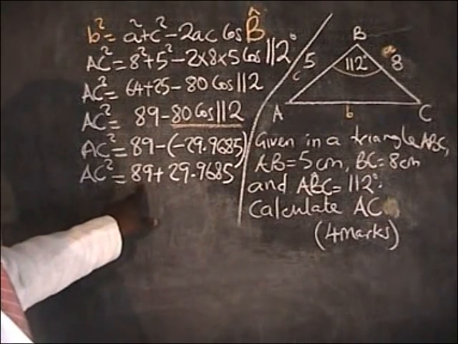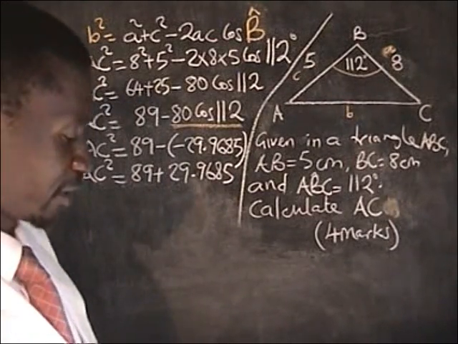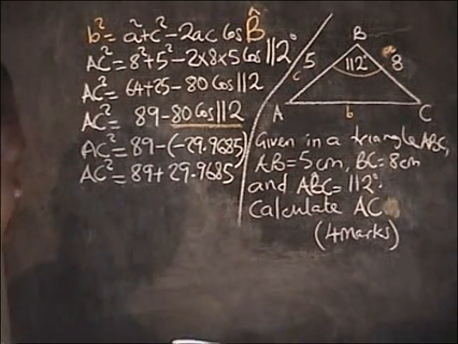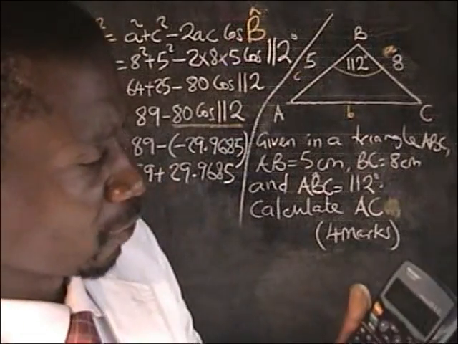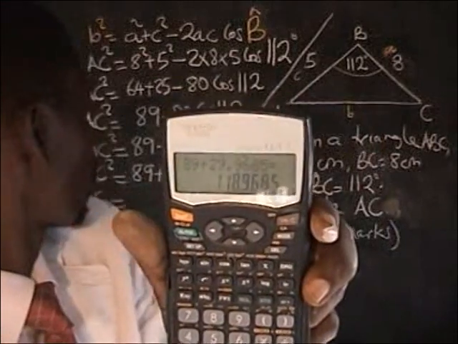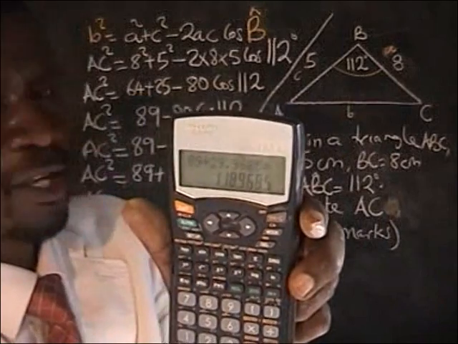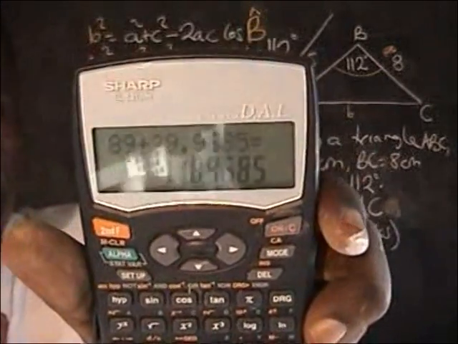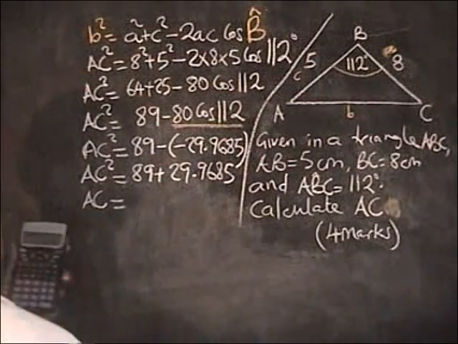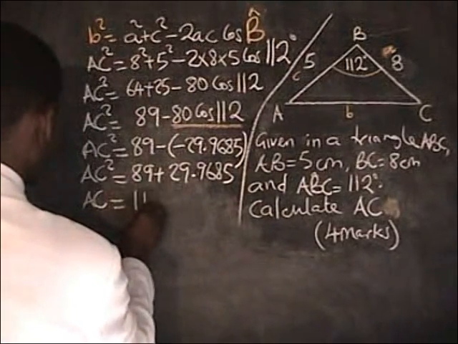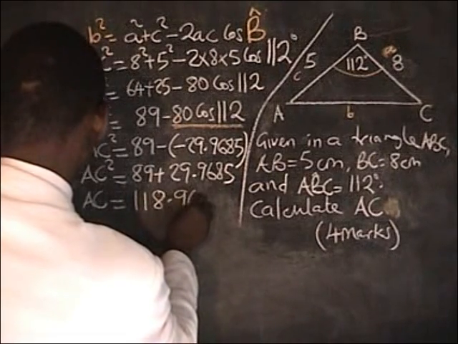I'm sure that is understood. Adding these two figures, you are going to get the sum indicated on the scientific calculator, which is 118.9685.